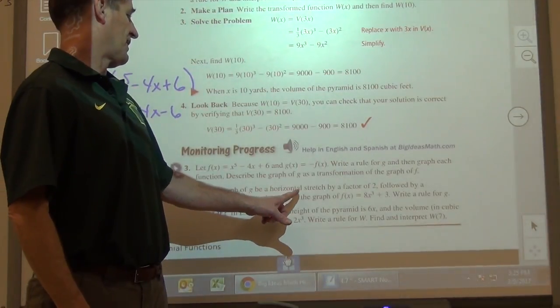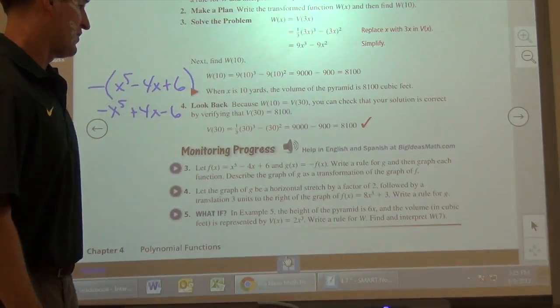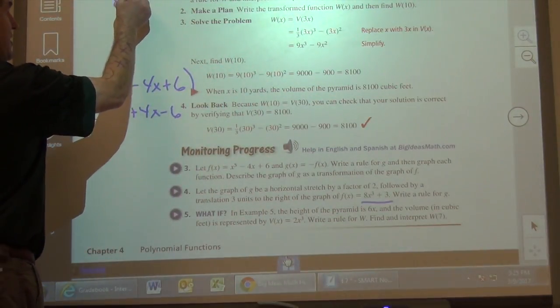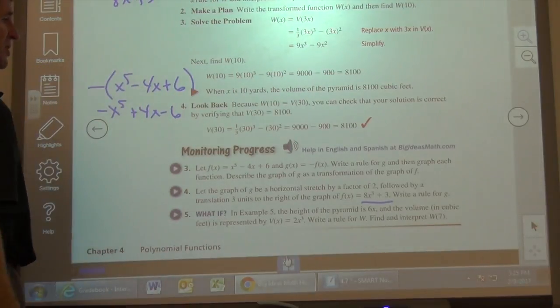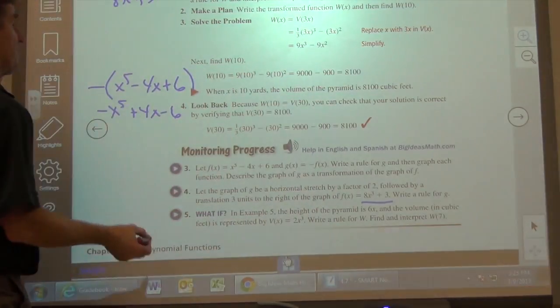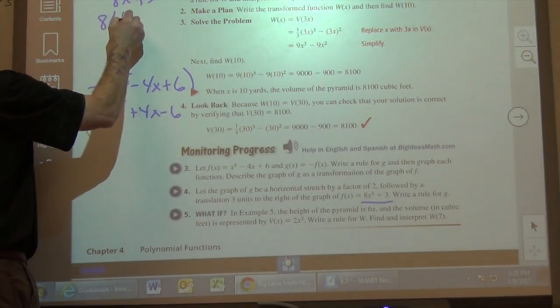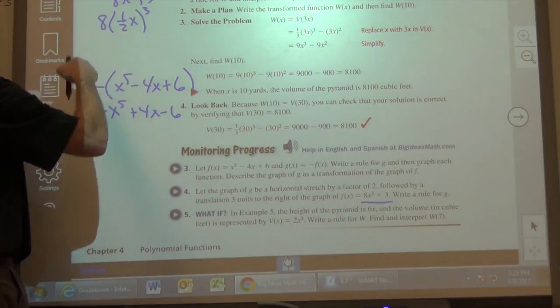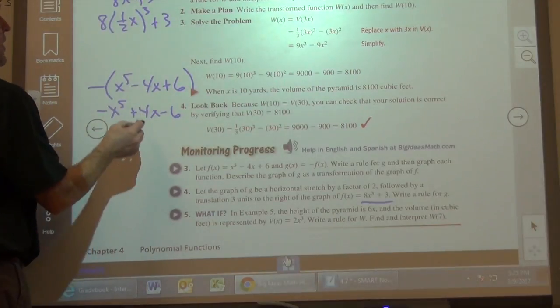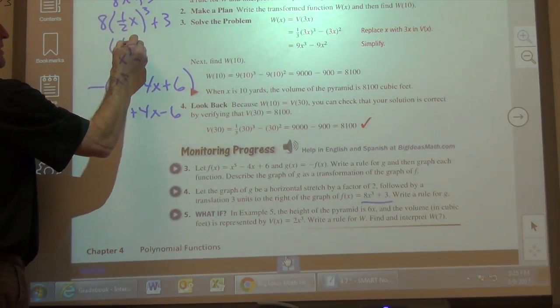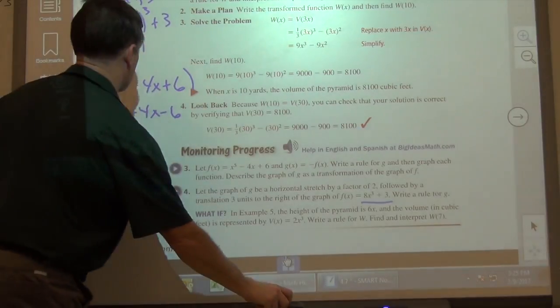let the graph of g of x be a horizontal stretch by a factor of 2, and this is our function. So 8x to the 3rd plus 3. So a horizontal stretch of 2 means I'm going to take that and do the reciprocal 1/2 x. Remember, the power goes outside. So now I have to simplify this. 1/2 to the 3rd is 1/8.